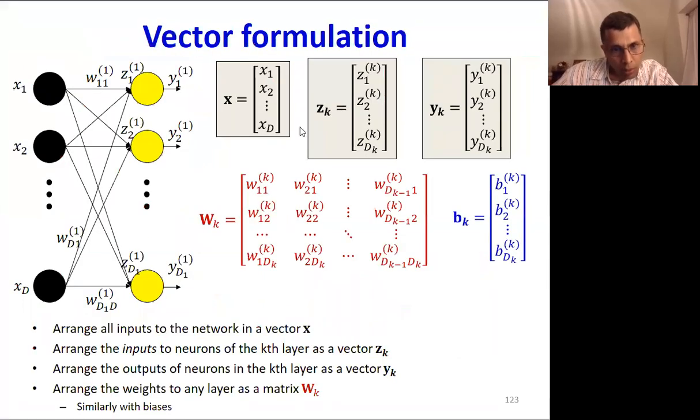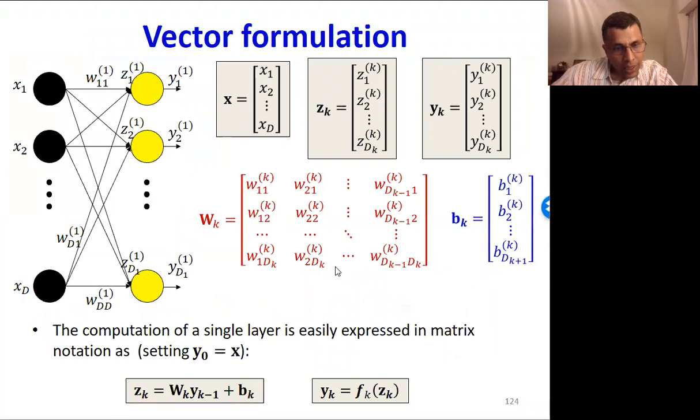So what we see from all of this is that when I write things out in this manner, for any particular layer of the network, I can write out a weights matrix where the jth row of the matrix represents the set of weights going into the jth neuron.